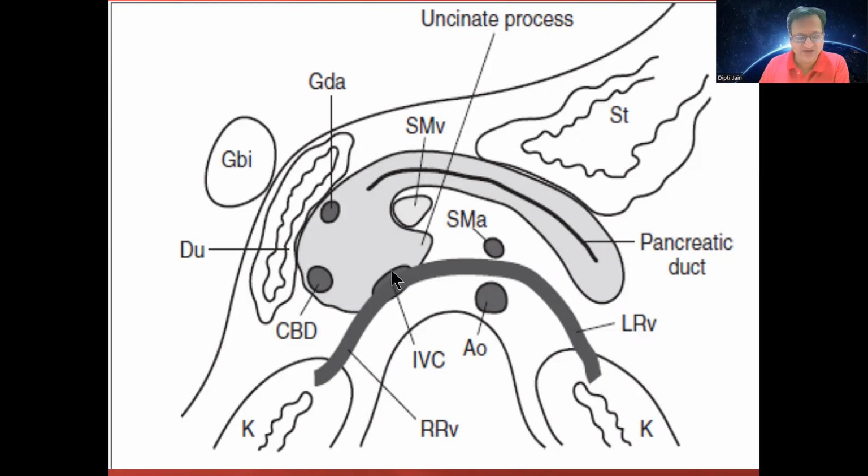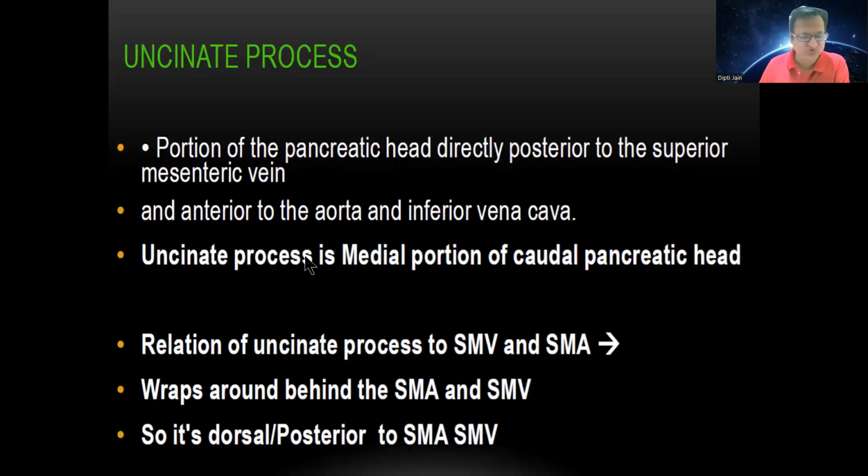It is anterior to the IVC and aorta, and it wraps around so that it lies posterior to the superior mesenteric vein. Again, recapitulate: it is anterior to the aorta and IVC and posterior to the superior mesenteric vein.